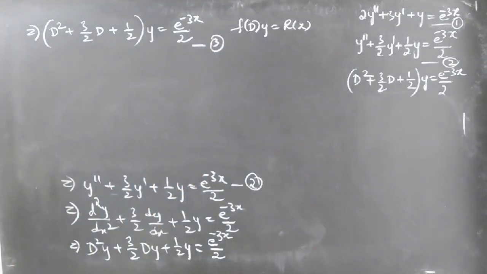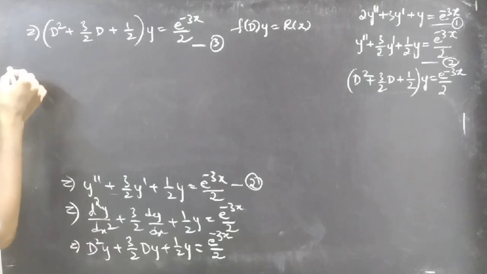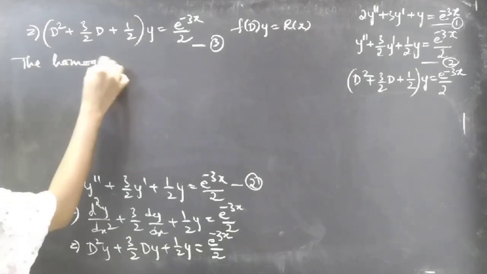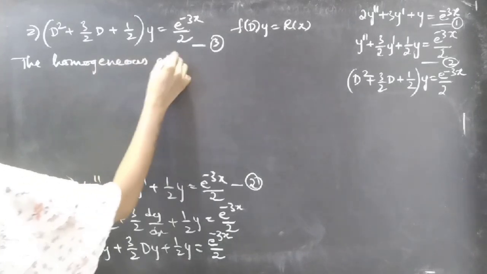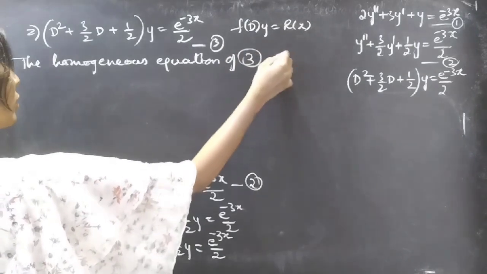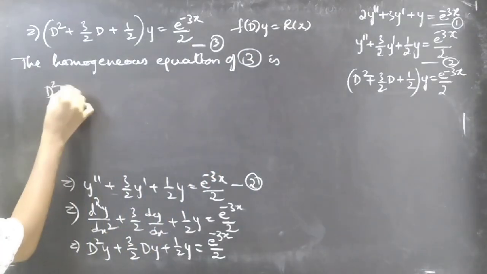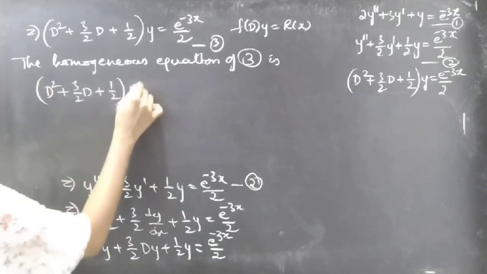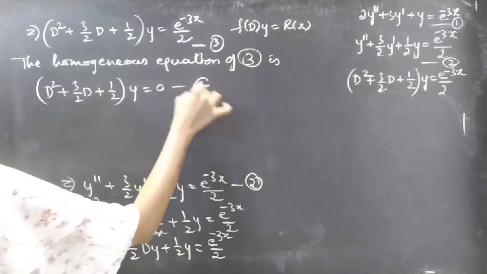Now let's write the homogeneous equation of equation 3. The homogeneous equation of 3 is (D² + 3/2 D + 1/2)y = 0. Consider it as equation number 4.